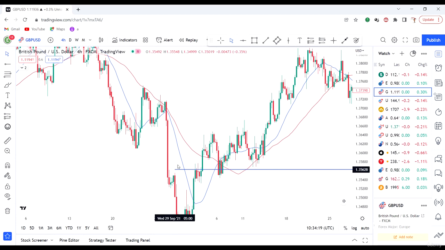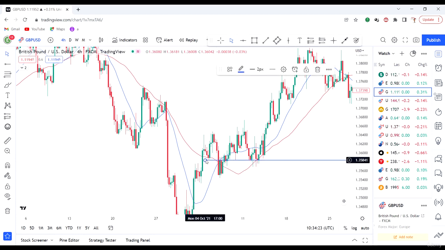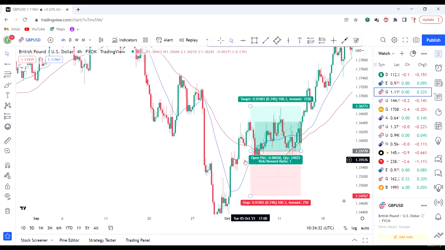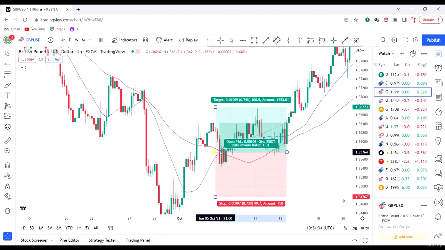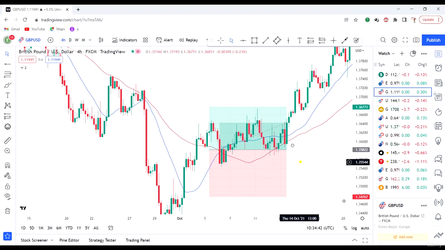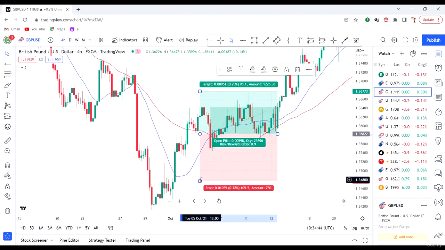Okay, like for example, for a buy trade, we might want to enter a buy trade at this point. So let me just use this too. So we might want to enter a buy trade at this point when the smaller moving average crosses above the larger period moving average.